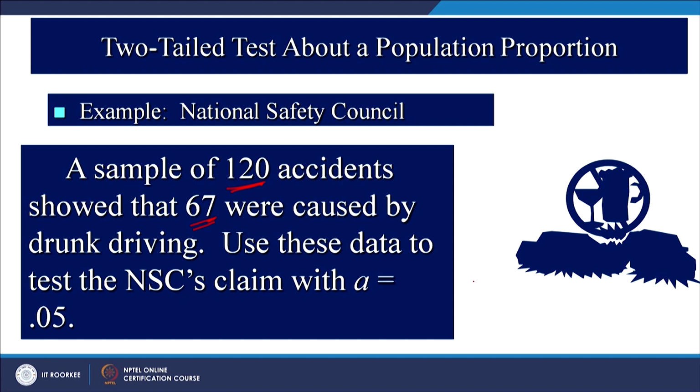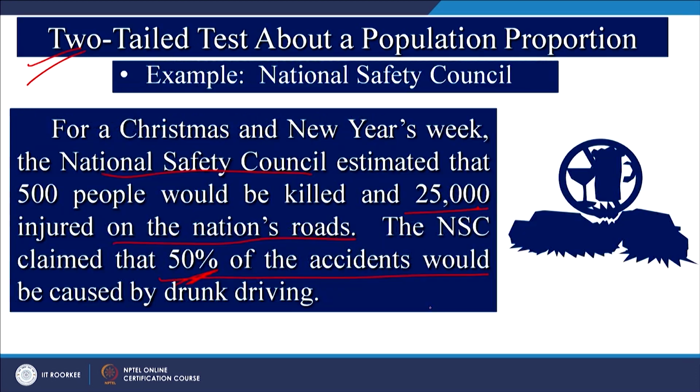So, what would be the null and alternative hypothesis here? Read this question carefully and try to formulate the null hypothesis and alternative hypothesis. The NSC claimed that 50% of the accidents would be caused by drunk driving.